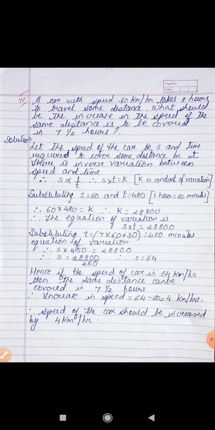Hence, if the speed of the car is 64 kilometers per hour, then the same distance can be covered in 7.5 hours. Therefore, the increase in the speed is equal to 64 minus 60, that is equal to 4 kilometers per hour. Therefore, the speed of the car should be increased by 4 kilometers per hour.